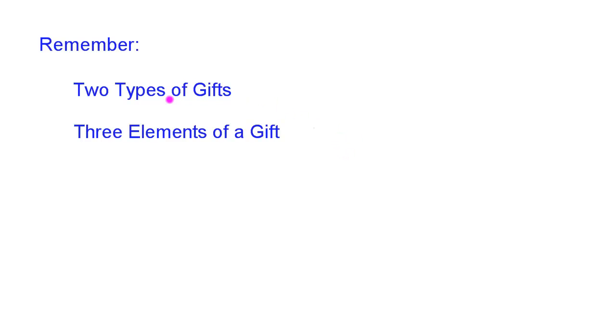Now that we've covered the two types of gifts, let's go back to the three elements of a gift. The three elements of a gift are intent, delivery, and acceptance. I'm going to go into a little bit more detail on each one. Intent is a funny thing.